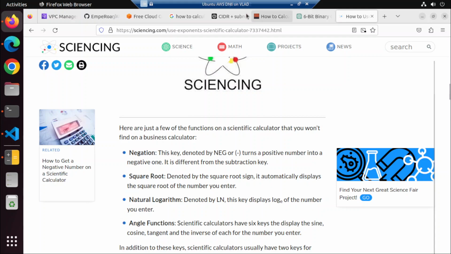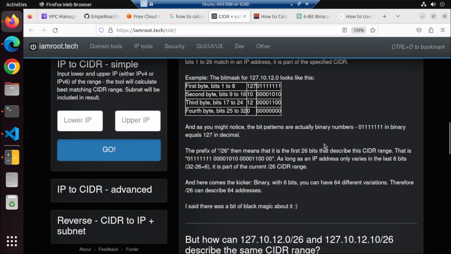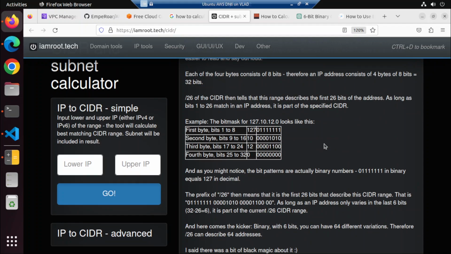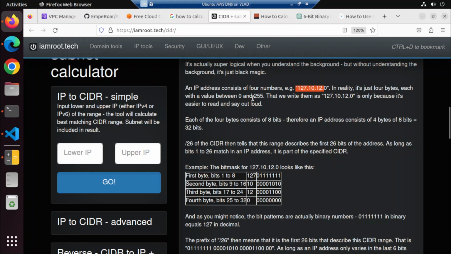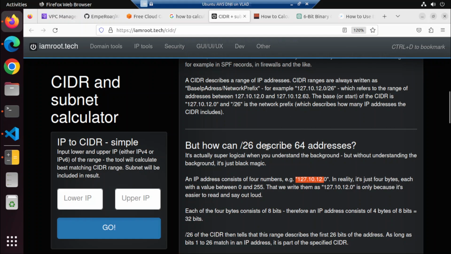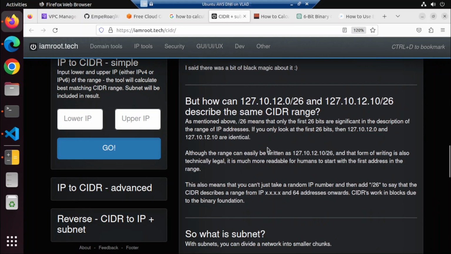So if you see somewhere like this, slash 26, that is 32 minus 26 equals 6. So 2 to the power of 6 is 64. So there will be 64 addresses.